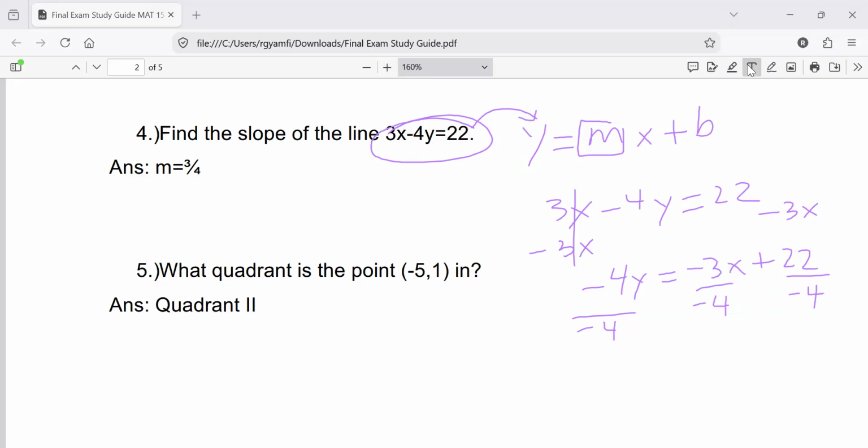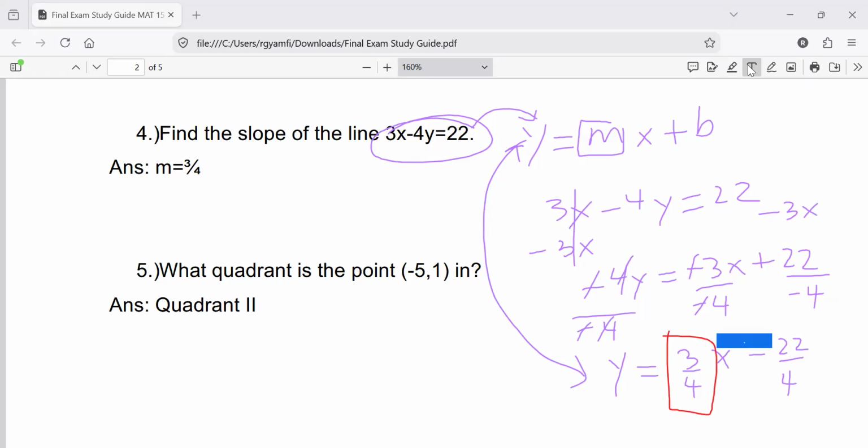And of course, these will cancel. Y equals, negative will cancel negative too, so 3/4 x. And then positive and negative gives you negative. So now I have my y standing alone, just like it is in the equation y equals mx plus b. So my slope is going to be whatever is attached to the x, which is 3/4.